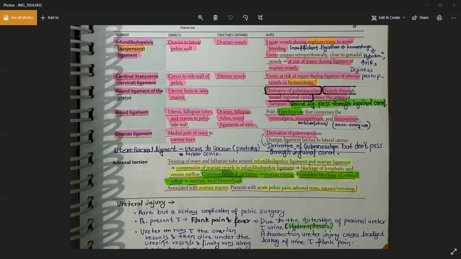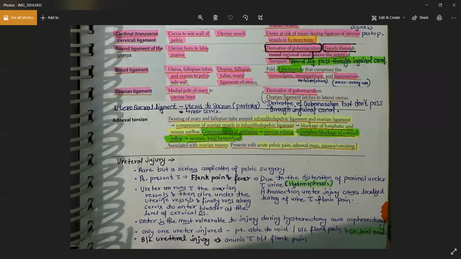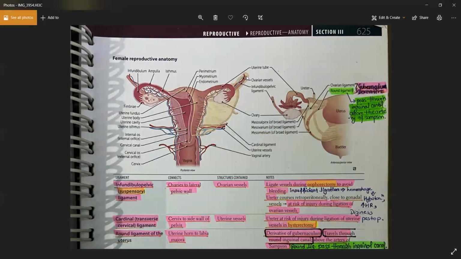Now, I told you that the ureter runs very close, or very parallel, to these ligaments. Remember the ovarian vessels and the infundibulopelvic ligament. The ureter lies very parallel to these structures.